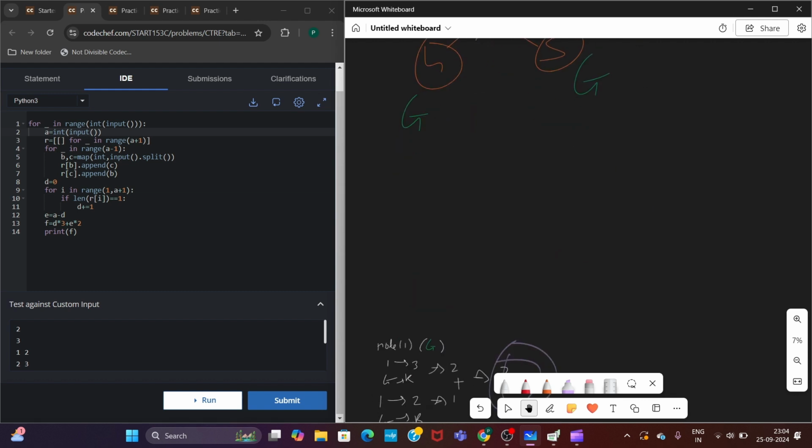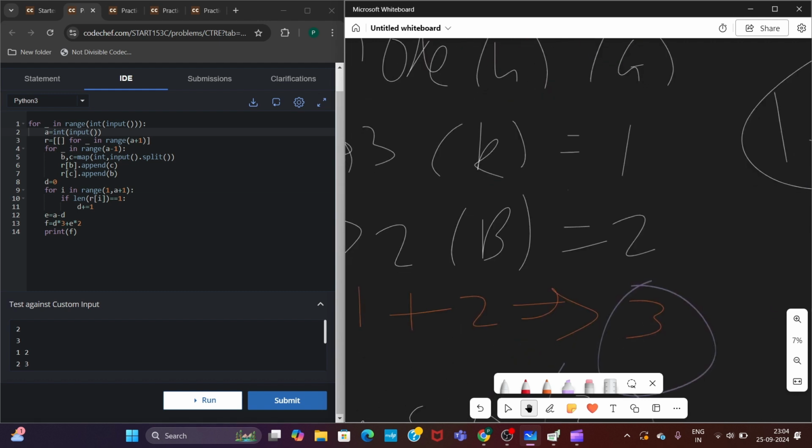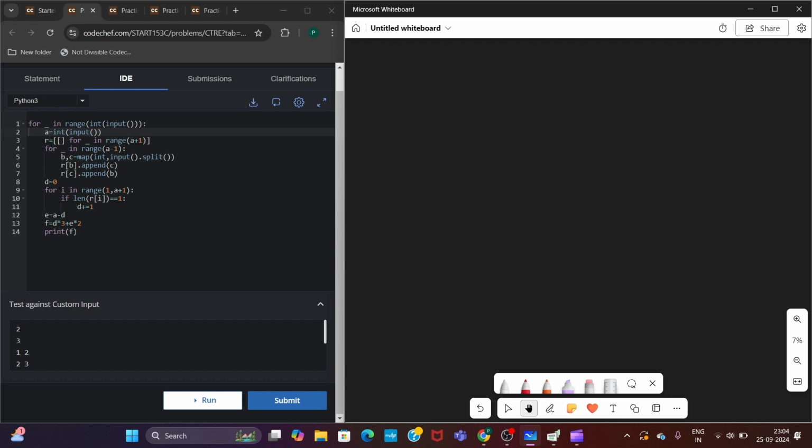So for this example, our nodes basically, let's see over here. For this example, our R will be what? First of all, the empty list. Okay, then comes the 2.